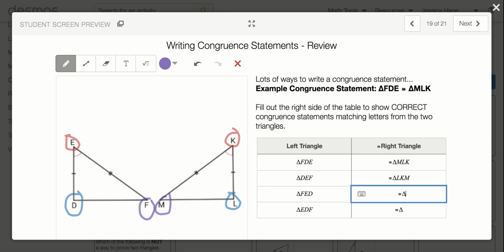If we want to name the triangle FED, starting with purple, FED, MKL. If we want to name the triangle EDF, starting at the red and coming down and across, we would name the other one KLM. Naming triangles is just as important as matching up the sides and angles so you can get the order correct. You can always check and make sure that your letters match up.